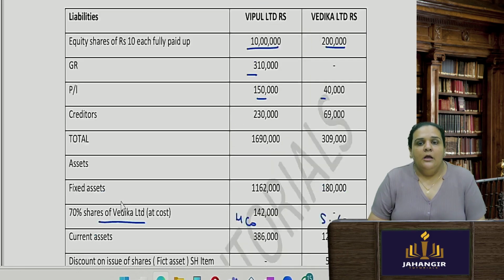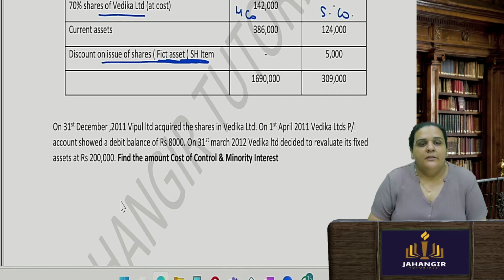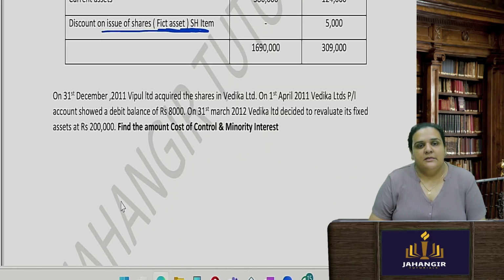Now on 31st of December 2011, Vipul Limited acquired shares in Vedika Limited. On 1st of April 2011, Vedika Limited P&L showed a debit balance of 8,000. Now dates are important: 1st of April 2011.